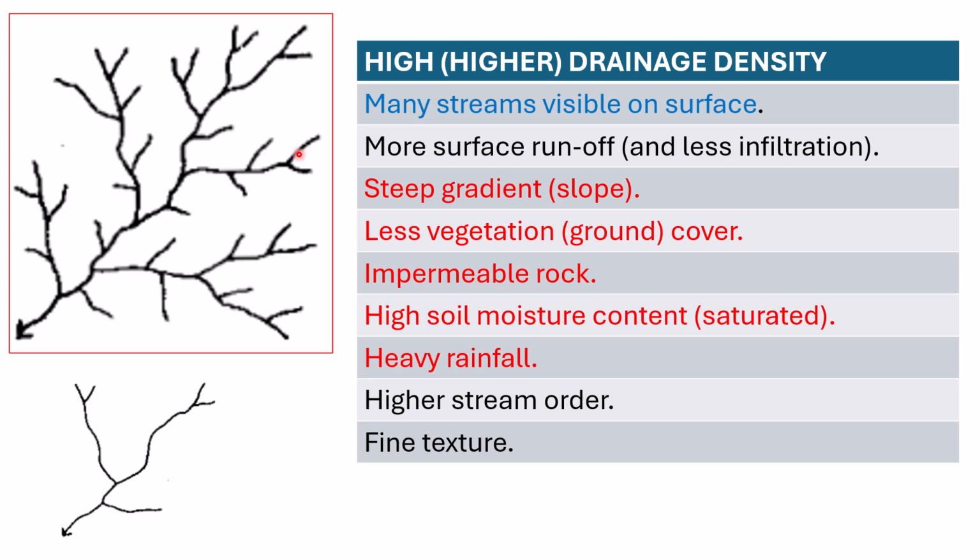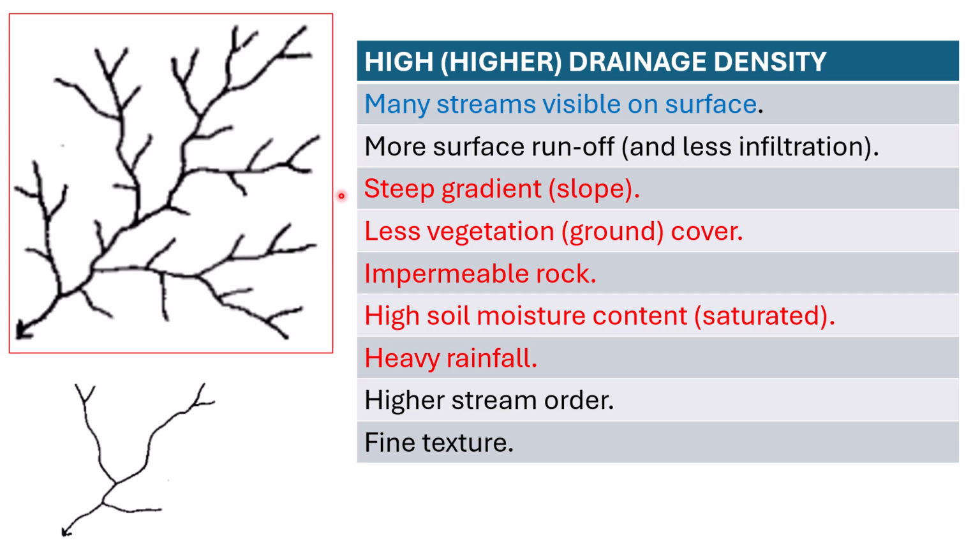In other words, we see this many streams at the Earth's surface because most of the water has remained on the Earth's surface as surface runoff, and very little of the water has actually infiltrated. What is important to remember is why this water has in actual fact stayed on the Earth's surface as surface runoff. And here are the factors.